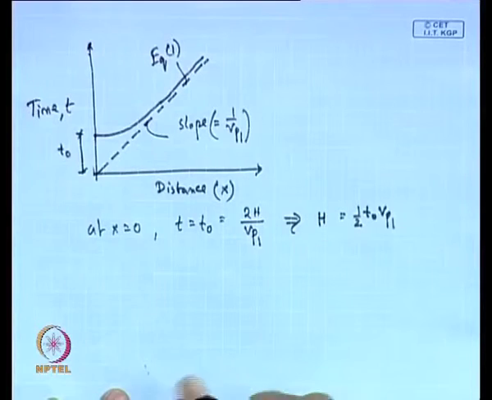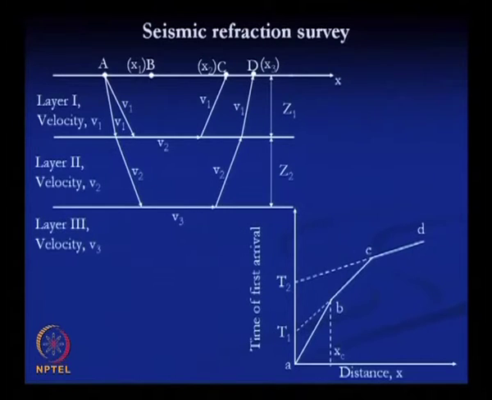So, by this seismic refraction surveying, we can determine the thickness of different layers and the velocity of the waves at different layers. But the condition is that the velocity of the wave, V p, must increase as I go to greater depth.